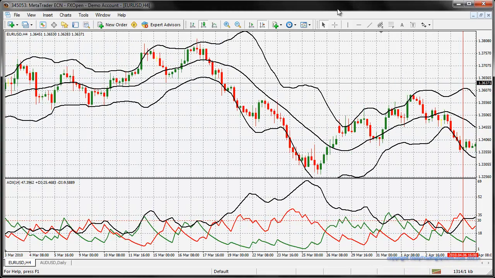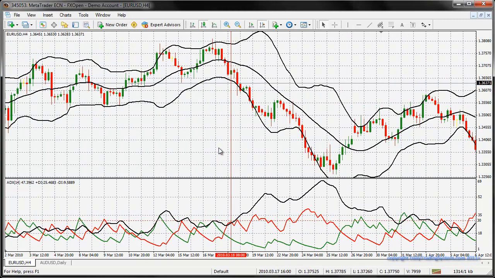So let's just see if we can get another example here. Okay, this is pretty close. I just need to move it a little bit more to my right. This is within one bar of each other, and we can see that the wick of this one did actually fall below, and the Bollinger Bands were getting closer together.